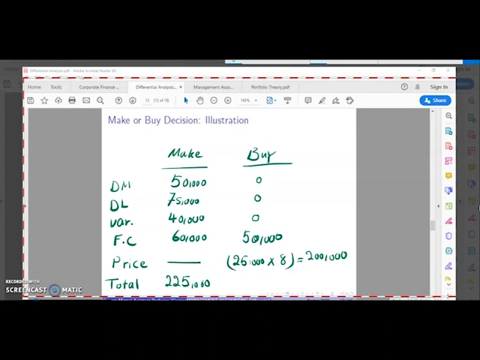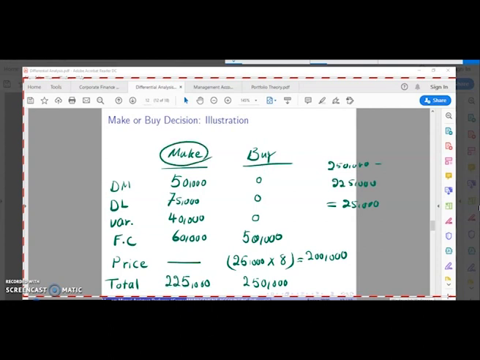So these are the costs that I will have in case of buying the product. The total will be 200 plus 50, which is 250,000. And from here I can see the difference is 250,000 in case of buy minus 225,000, which is 25,000 less if I produce the product.